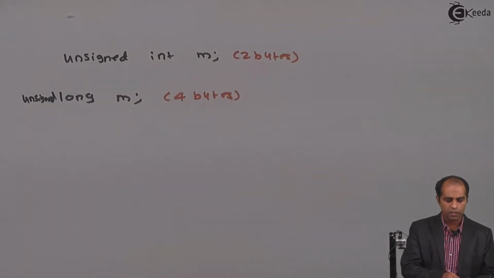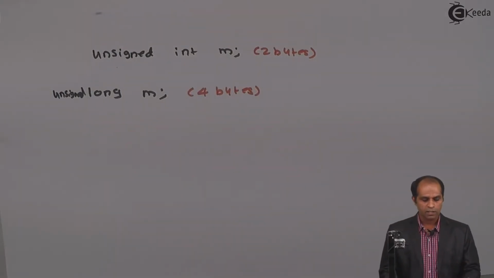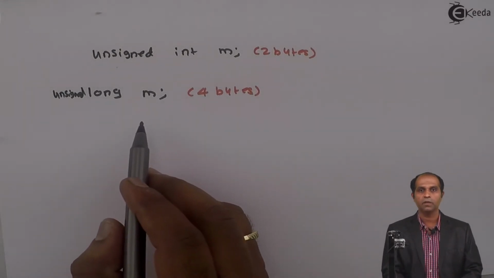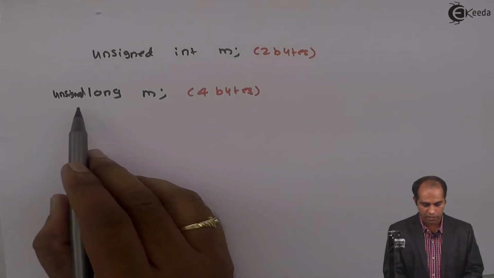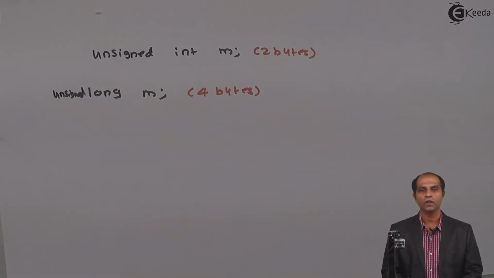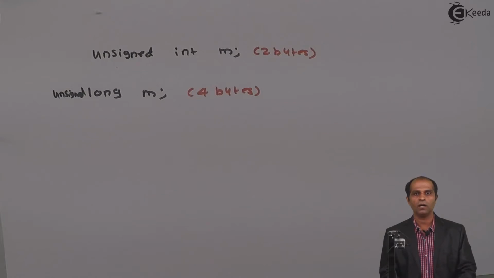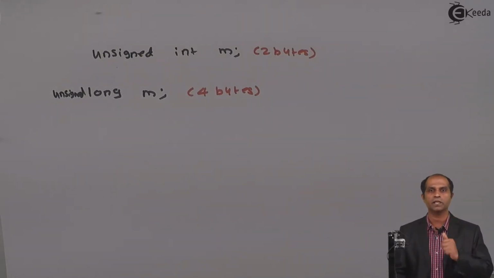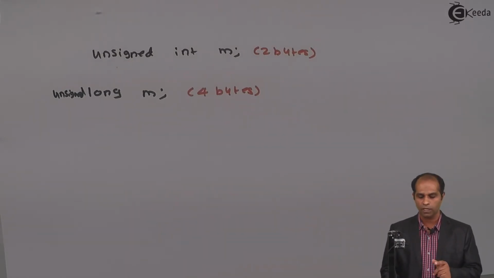A normal integer is also 4 bytes. So if I write a long integer variable, this will consume 4 bytes, whereas unsigned long will also have 4 bytes. The only difference between long and unsigned long is that long can store both positive as well as negative values, whereas unsigned long will have only positive values.